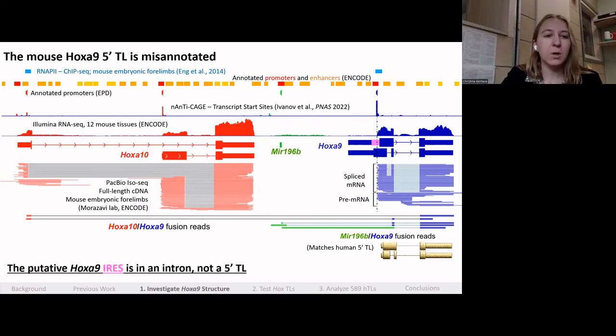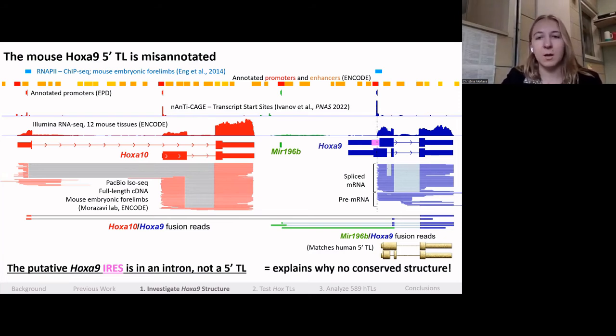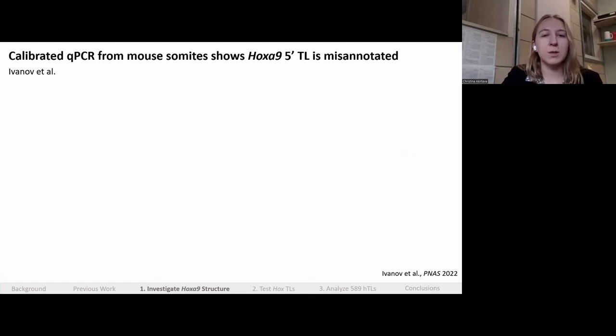So the putative HOXA9 IRES that they were testing is actually an intron and not a 5' transcript leader. And this would explain why there was no conserved structure when we were looking at the RNA structure program or RScape.